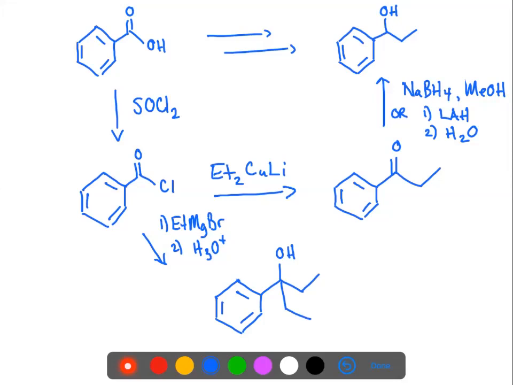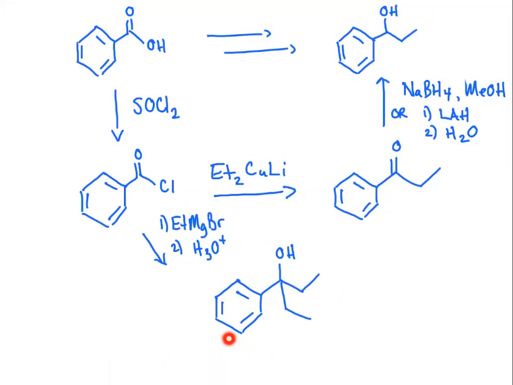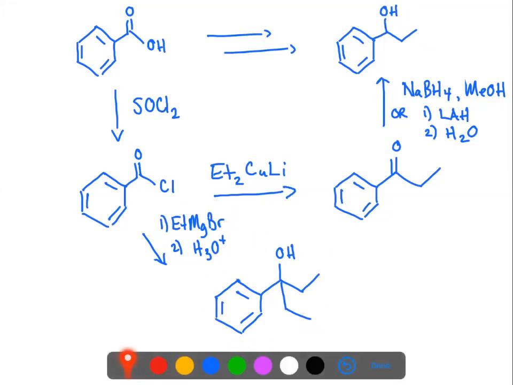It will continue to react, and so at best you'll end up with a mixture of products, some of which might be the ketone, but definitely you're going to have a lot of alcohol present in which 2 R groups are installed at that original carbonyl carbon. So although this would seem like a plausible route to produce this alcohol, you're going to run into troubles in forming quite a bit of this as well.